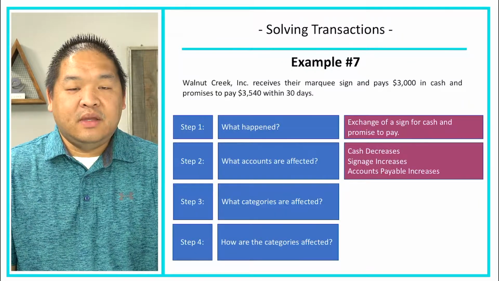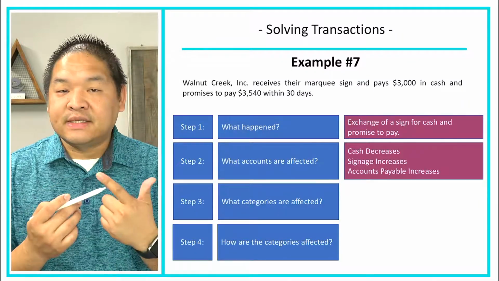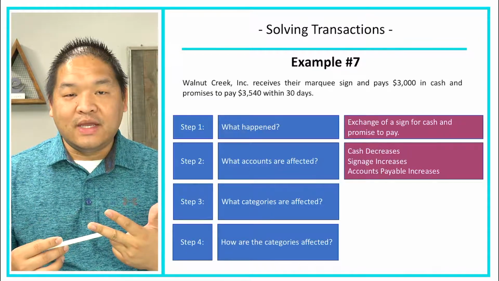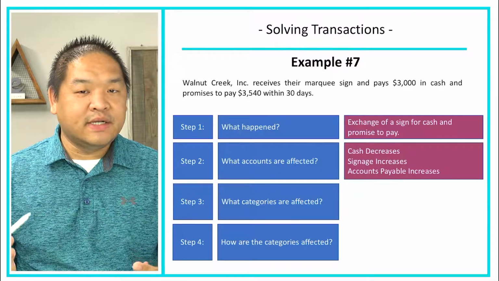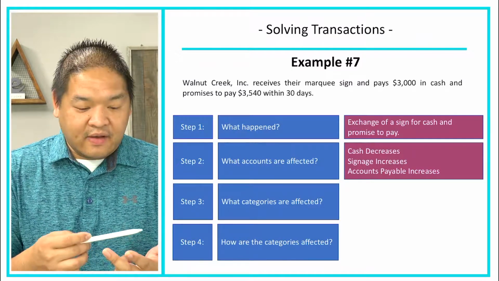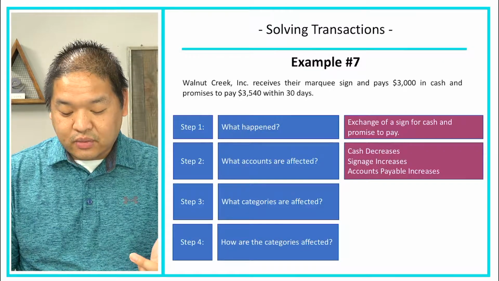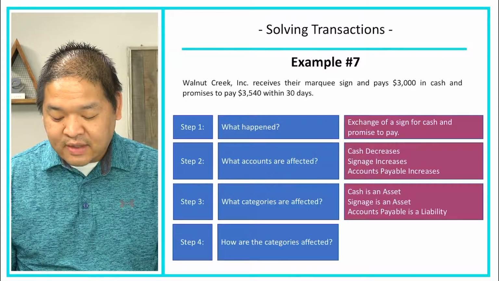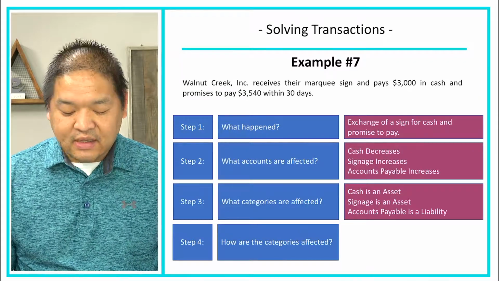Absolutely. So then that would be an asset. So we have cash as an asset, the sign as an asset, and then we have one more, the accounts payable. What is it? A liability. So we have 2 assets and a liability. That's what we're going to be concerned with here. So cash is an asset, the signage is also an asset, and the accounts payable is a liability.